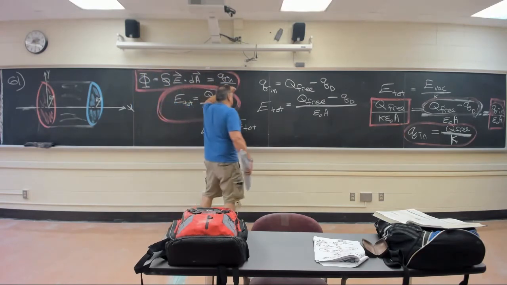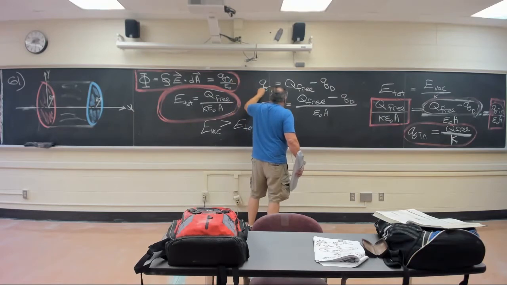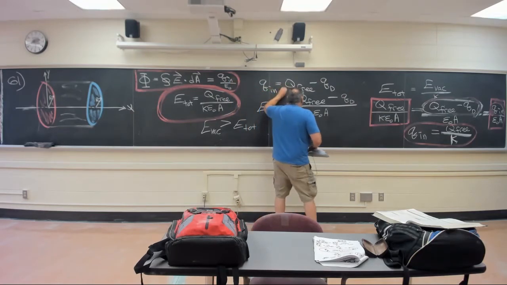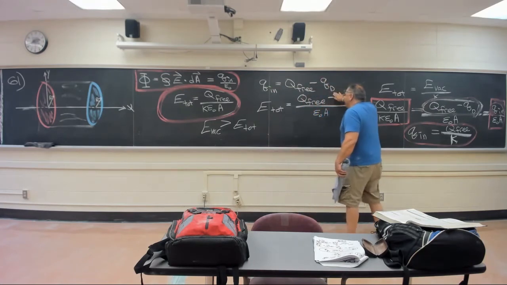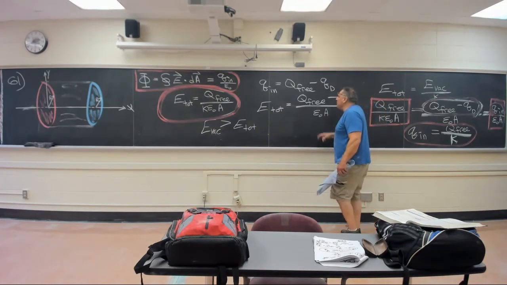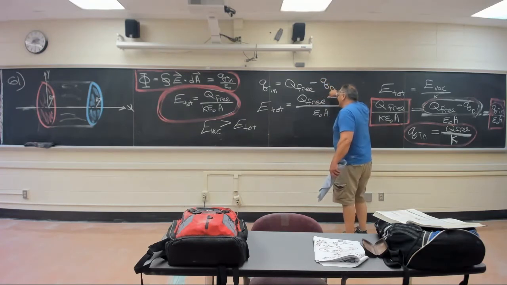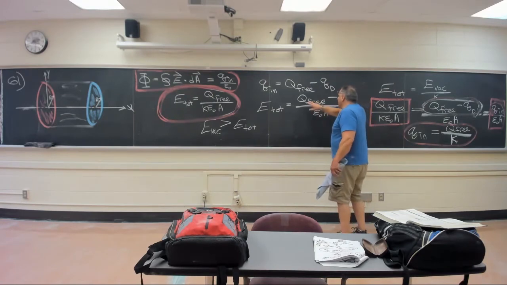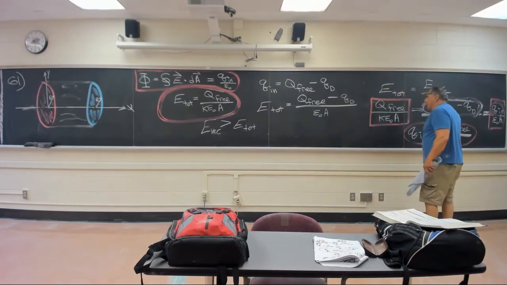The general Q in, Q in over epsilon naught, is Q in the way it would be in free space, no dielectric present, and then take away a certain amount of positive charge, as the net total is smaller because the E field is smaller. So Q free minus Q D, that's your Q in if there's a dielectric present. What does that mean? Well, it means Q free minus Q D is the new Q in over epsilon naught times A.